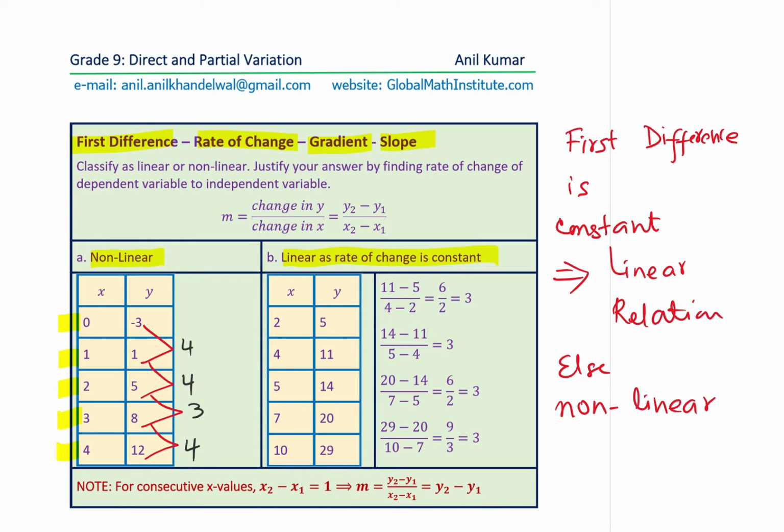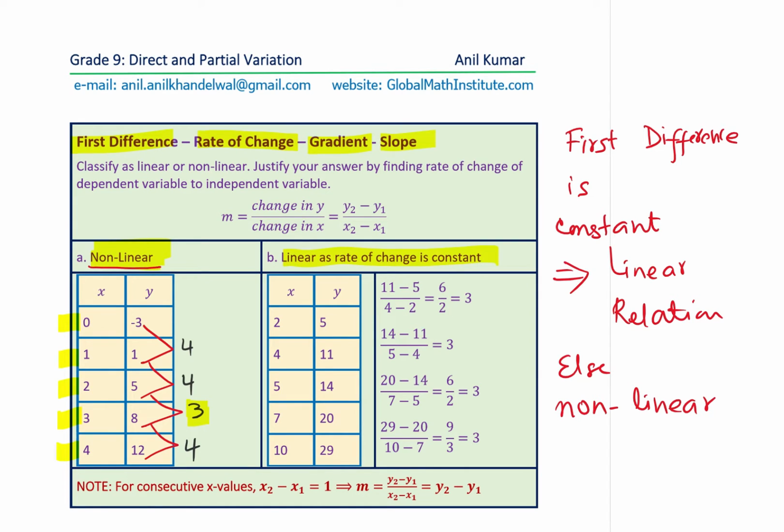Clearly you can see that we do get a number which is different, and therefore in this case first difference is not constant and therefore it is non-linear. Do you get the idea? So the data represented by the first table does not represent a linear relation, right? So you can write here non-linear.